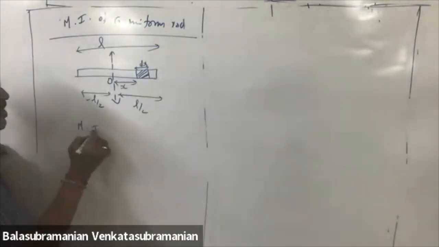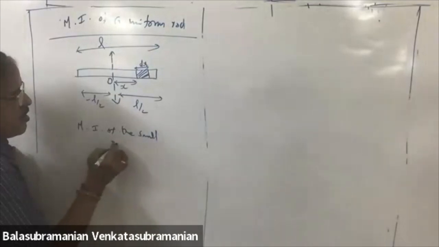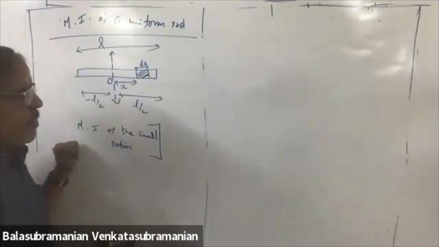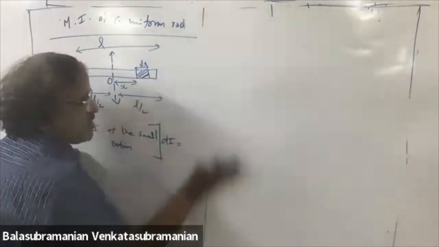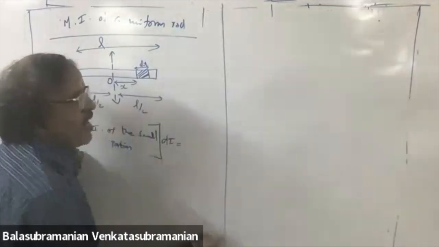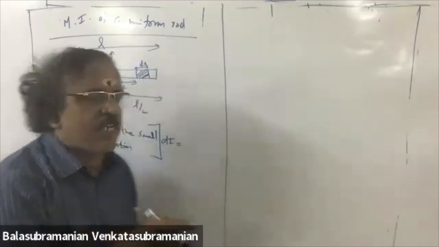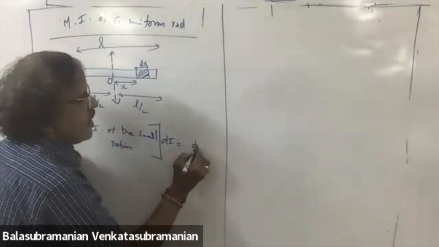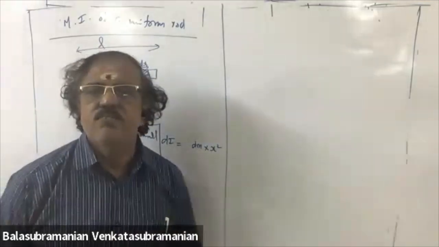Moment of inertia of the small portion is dI is equal to, what is moment of inertia? Basic formula: mass into square of the distance from the axis of rotation. This is the axis of rotation. So mass is dm, distance from the axis is x square.